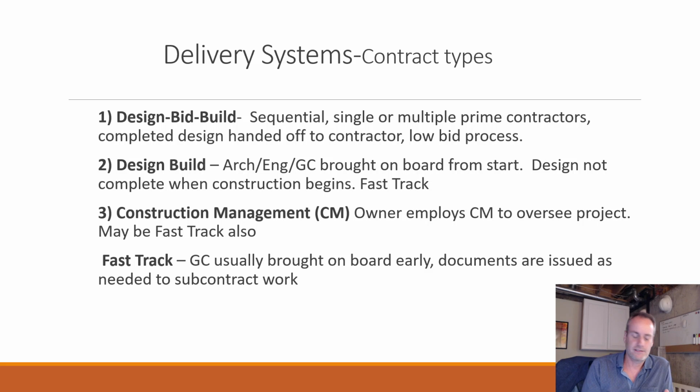So it's designing while you're building. Maybe that's what they should call this, design build, because the design isn't done when construction starts. There's a thought process and they're ahead of the curve, but it's more flexible in that way where if you need changes, well, the changes are all ongoing, and it's more of a team design type of thing. Typically, this was considered more the fast track method, meaning it's quicker to get done because you're not waiting for all the designs to be done before you start building.